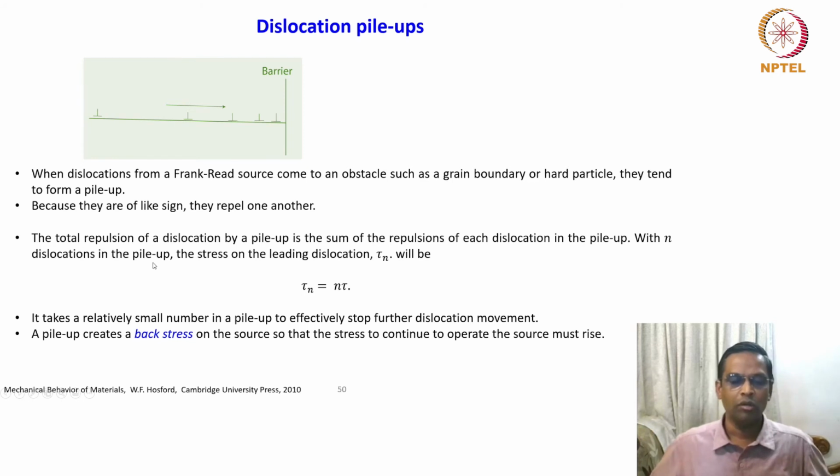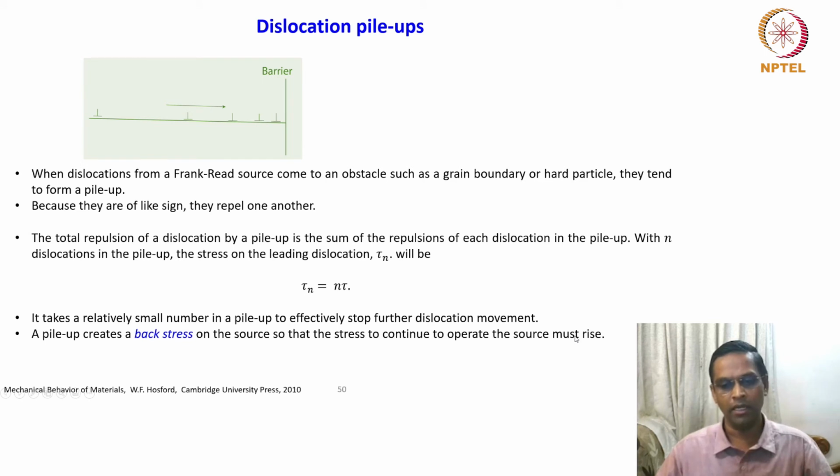The back stress also has a huge role to play in explaining some of the dislocation-mediated plasticity. We will be using this term quite often, especially in the work hardening theory. So the pile-up creates a back stress on the source, so that the stress to continue to operate the source must rise.